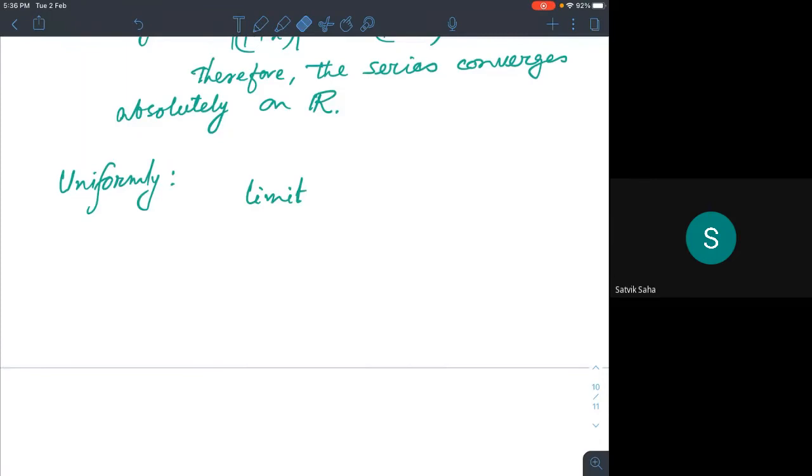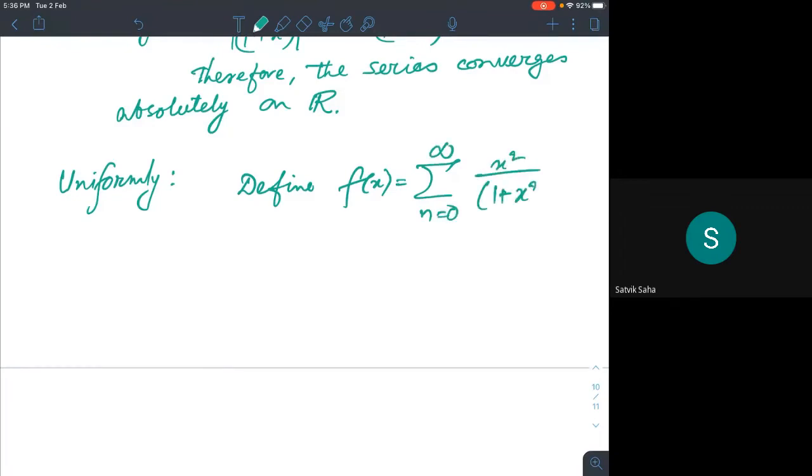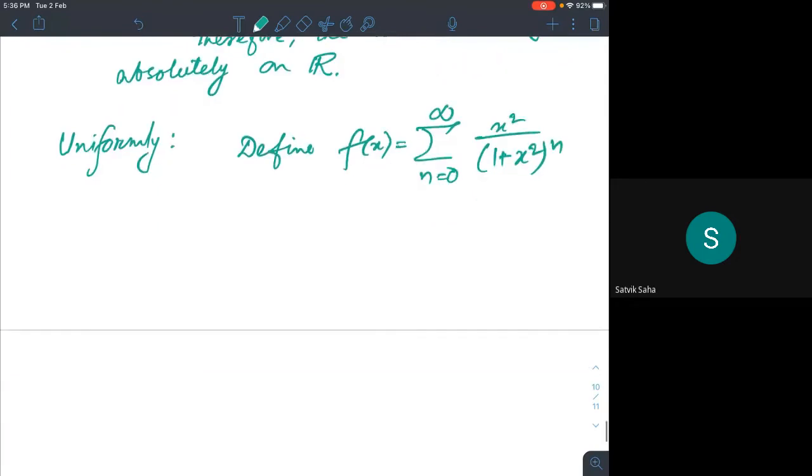Since it converges pointwise, we can define a function. Define f(x) to be the summation n from 0 to infinity of x squared by 1 plus x squared to the power n. So f(x) will be 0 at x equal to 0, and this will be 1 plus x squared at x not equal to 0.